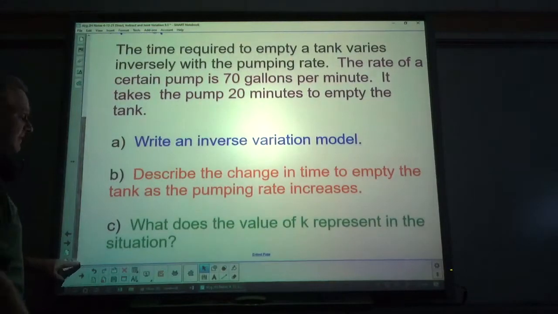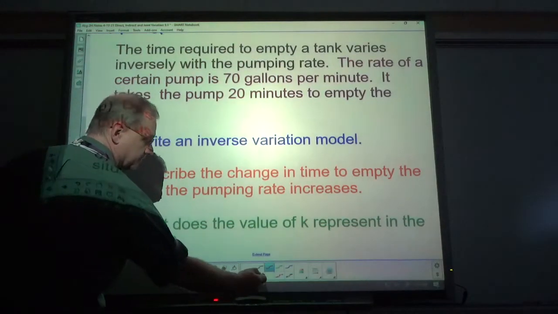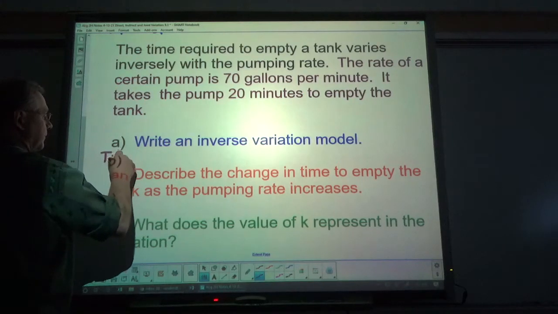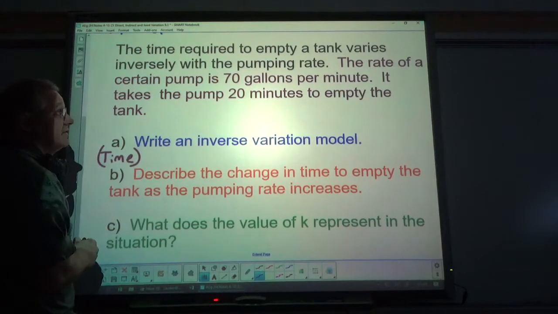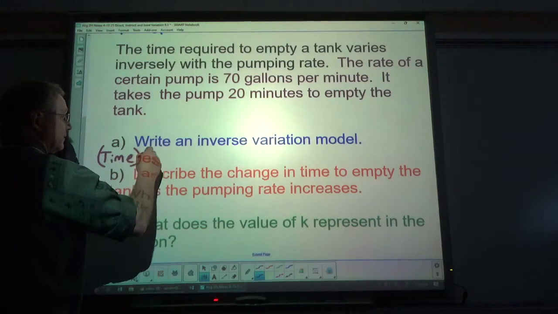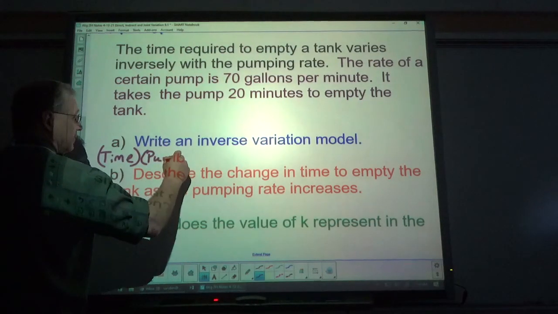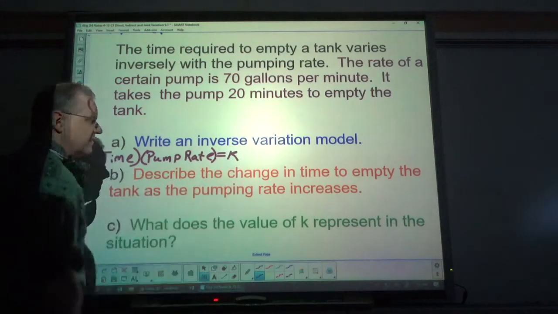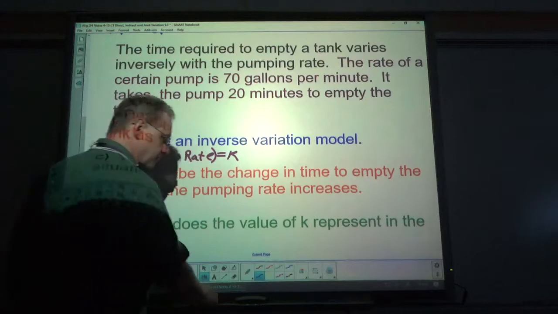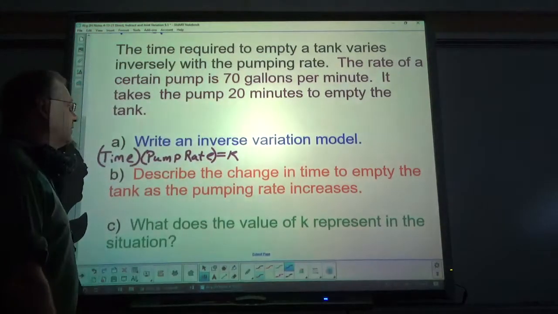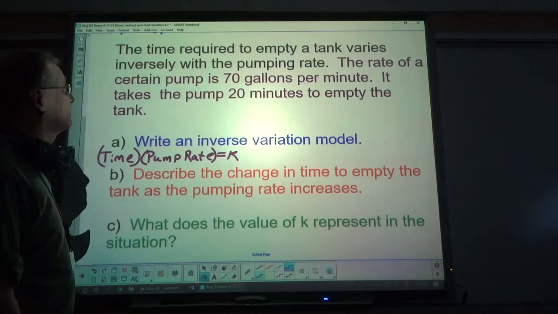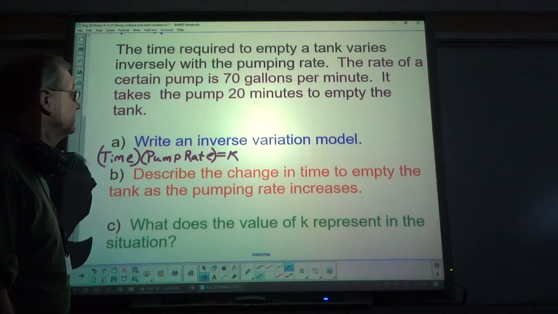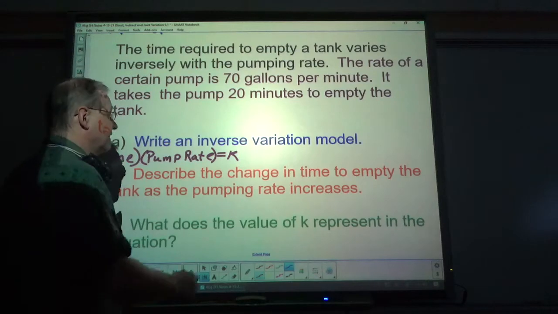So if I look at this, time varies inversely with pumping rate, and that's going to equal k. 70 is the pumping rate, gallons per minute, and 20 is the minutes it takes to empty the tank.